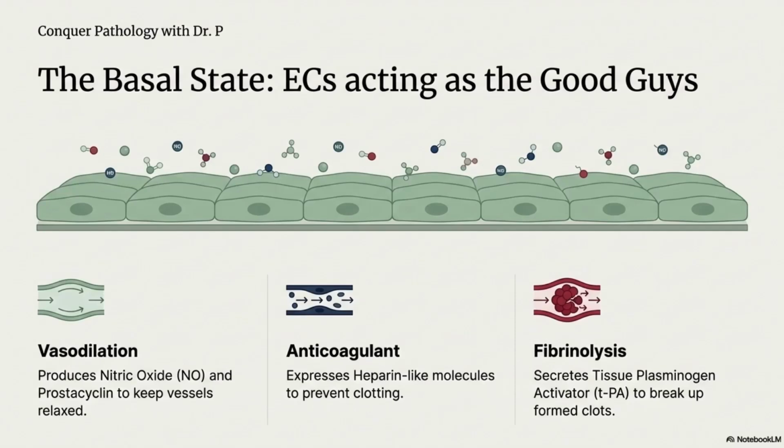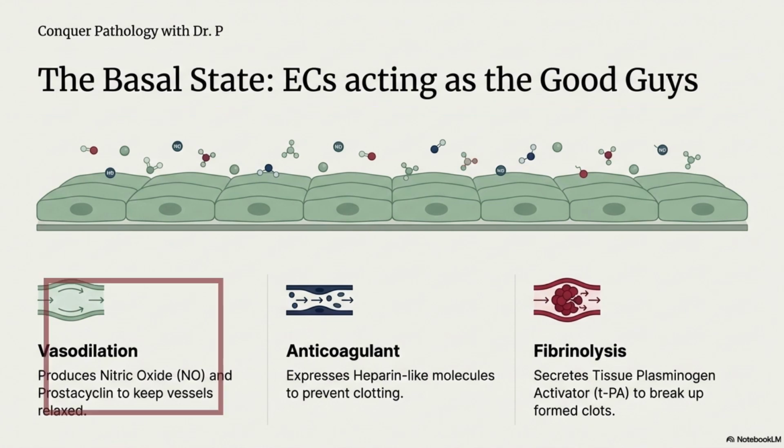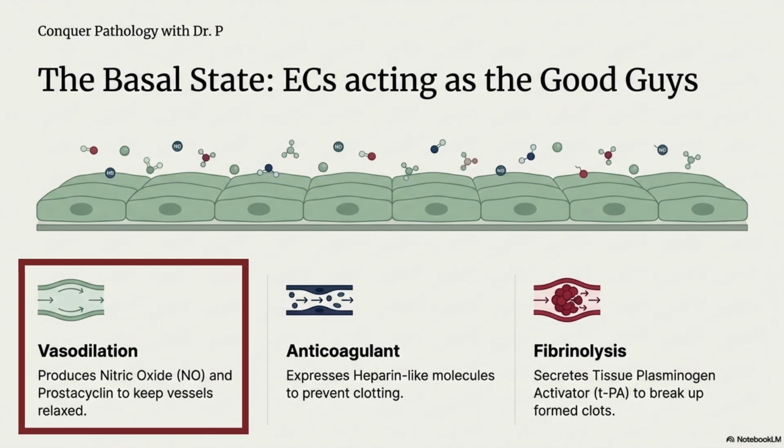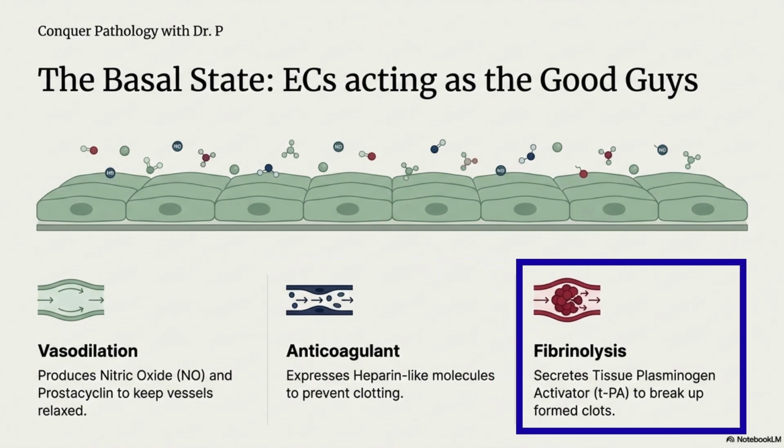On this slide, we outline the basal state, ECs acting as the good guys. They do three vital things for us. First, vasodilation. They produce nitric oxide and prostacyclin to keep vessels relaxed. Second, they are an anticoagulant, expressing heparin-like molecules to prevent clotting. And third, fibrinolysis. They secrete tissue plasminogen activator to break up any formed clots.